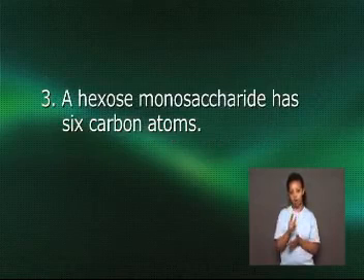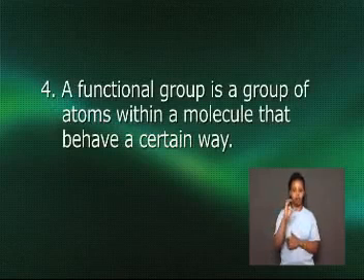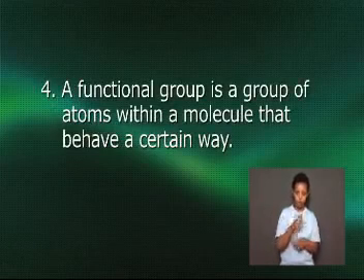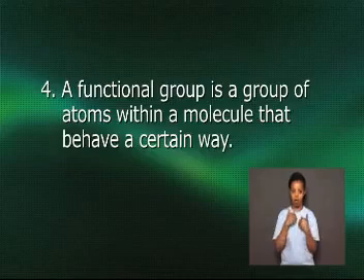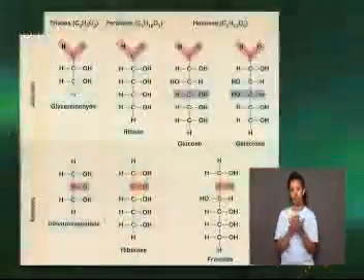A hexose monosaccharide has 6 carbon atoms. A functional group is a group of atoms within a molecule that behave a certain way. If you were able to correctly fill in all the blanks, great work.